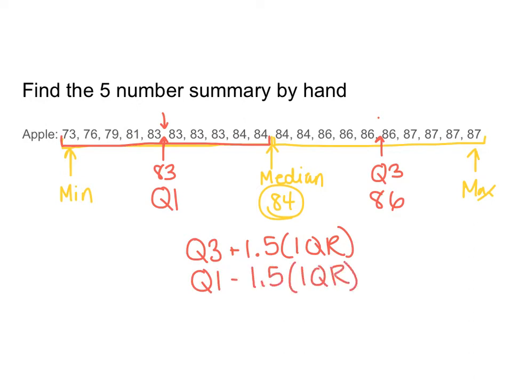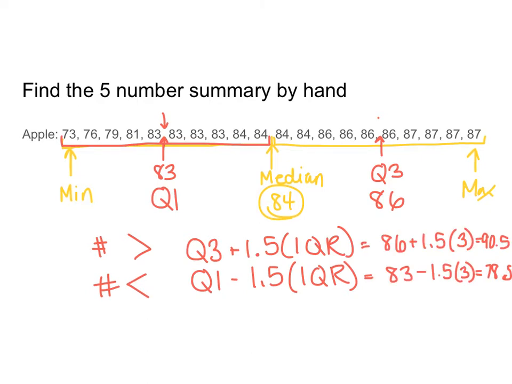So if we have an outlier, it would be any number greater than the upper fence or any number below the lower fence. So I just computed my upper and lower fence, and now I'm going to check and see if I have anything beyond these. So it does not look like I have any upper outliers, but lower outliers, it actually appears as though 73 and 76 are both outliers.